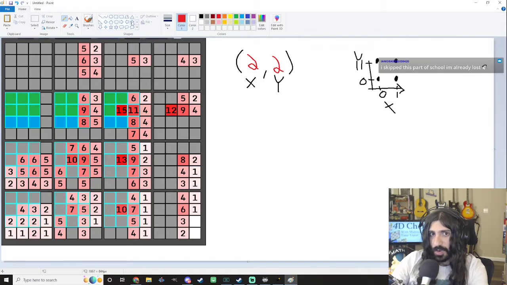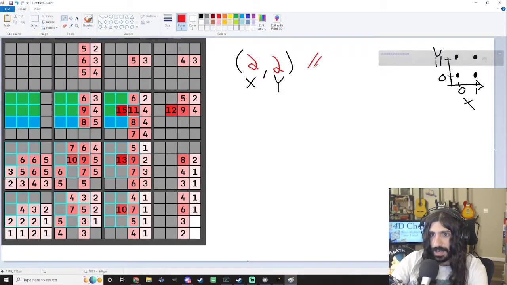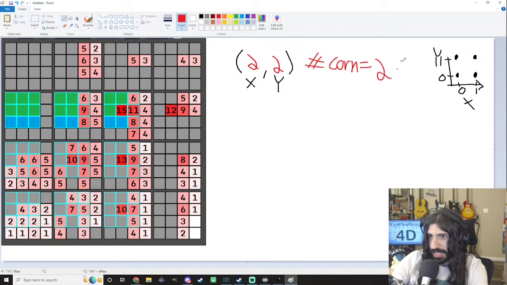So the number of corners equals 2 times 2.